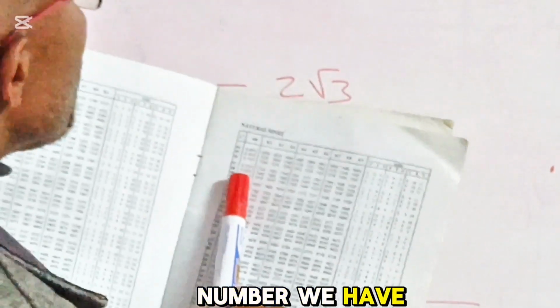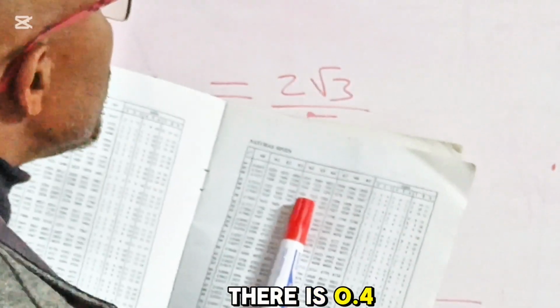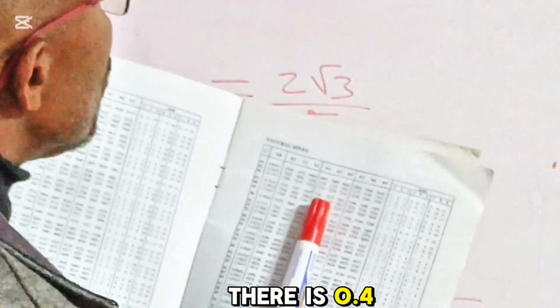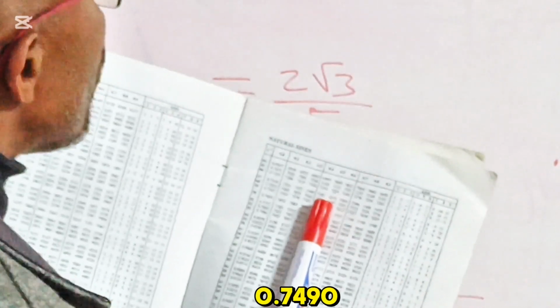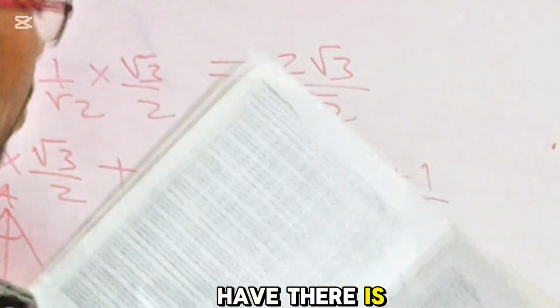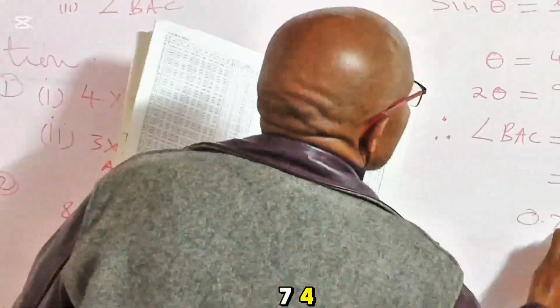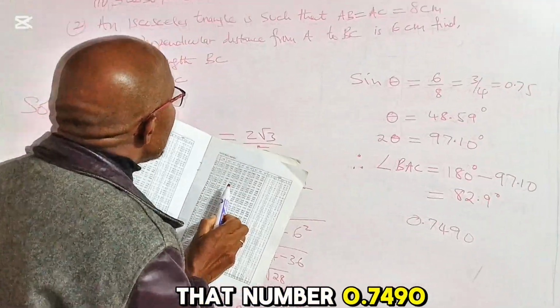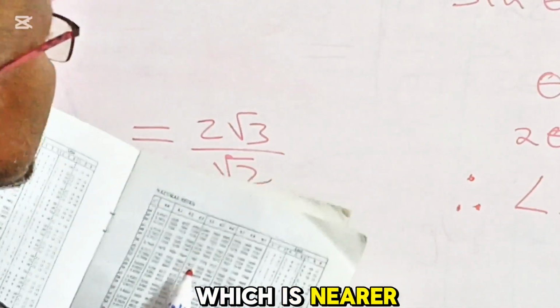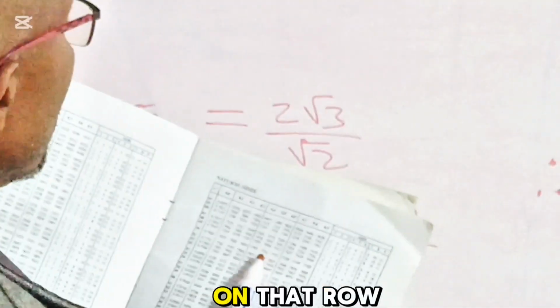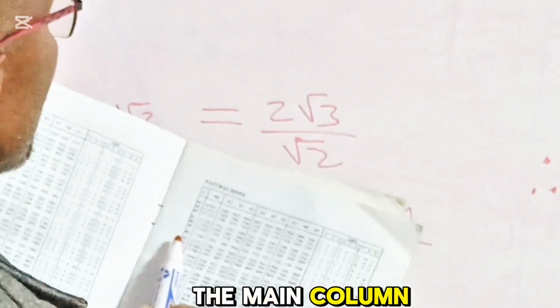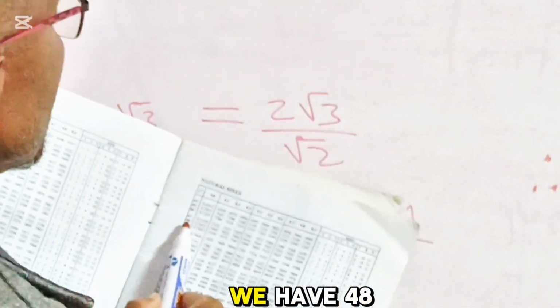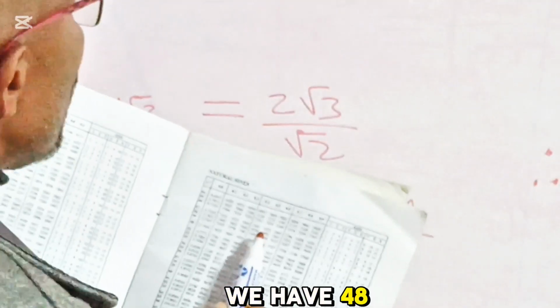And the number we have there is 0.7490. Where we have that number, 0.7490, which is near to 0.75, on that row, in the main column, we have 48.